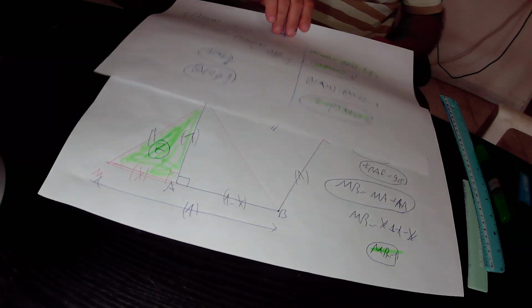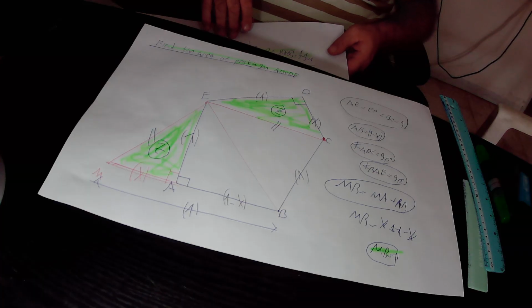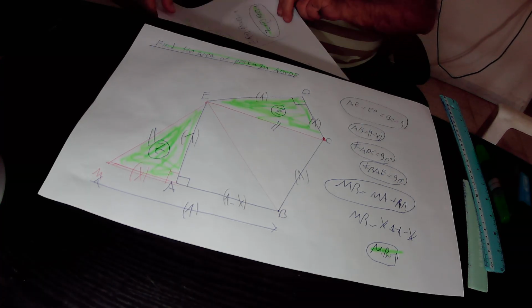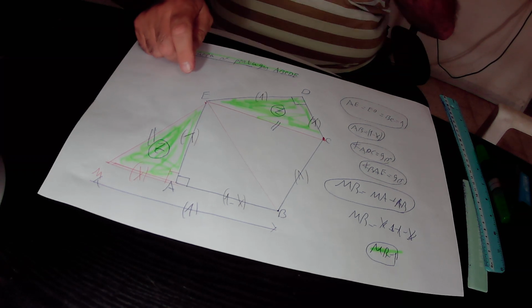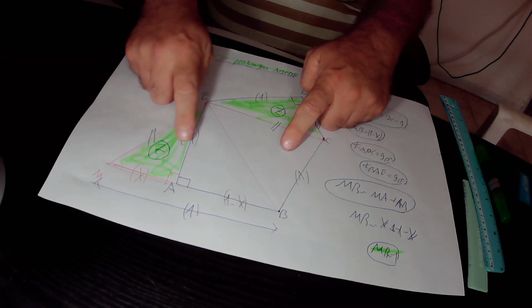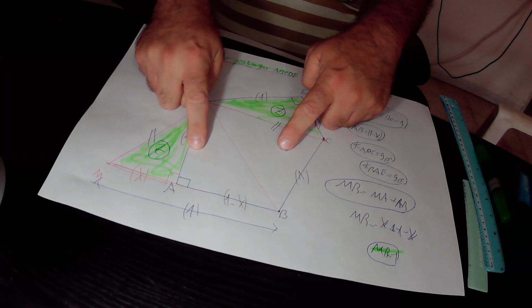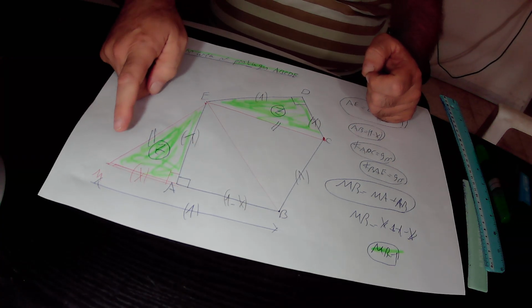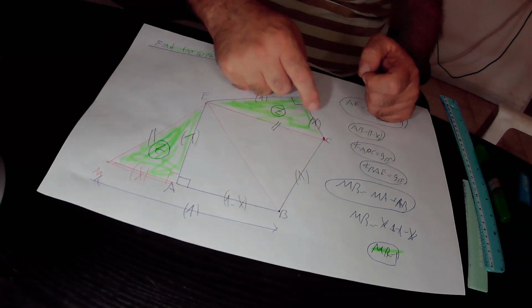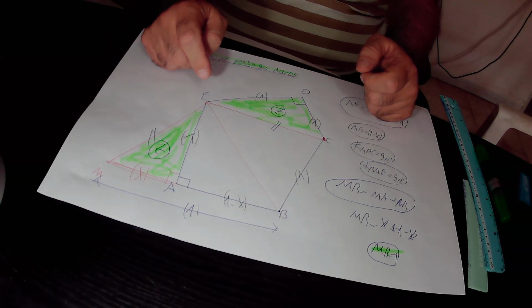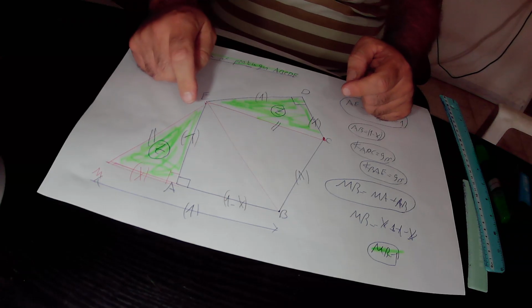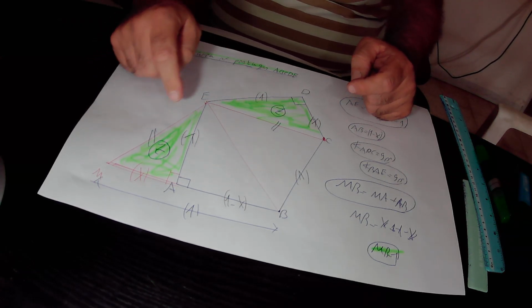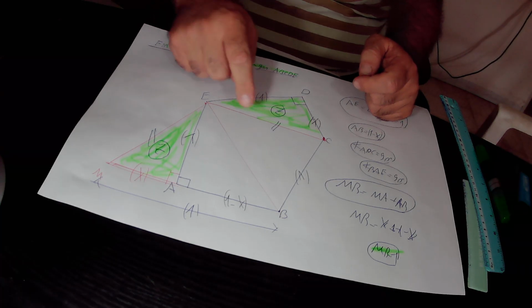But quadrilateral EMBC consists of those two triangles: triangle BEM and triangle EBC.